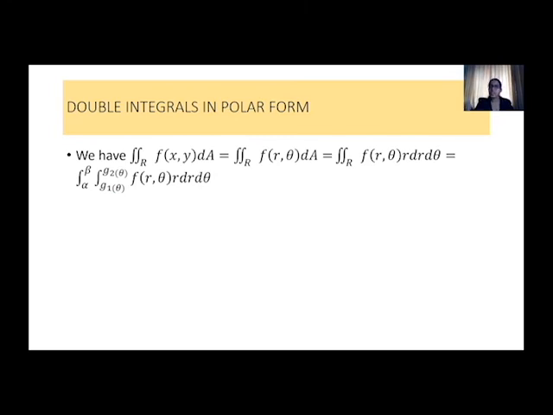Now, as we have done in rectangular coordinates, we can change the order of integration accordingly, with the variation of r and the variation of theta, integrating first with respect to r or first with respect to theta and so on. So this is how a double integral in rectangular coordinates can be transformed to a double integral in polar coordinates.